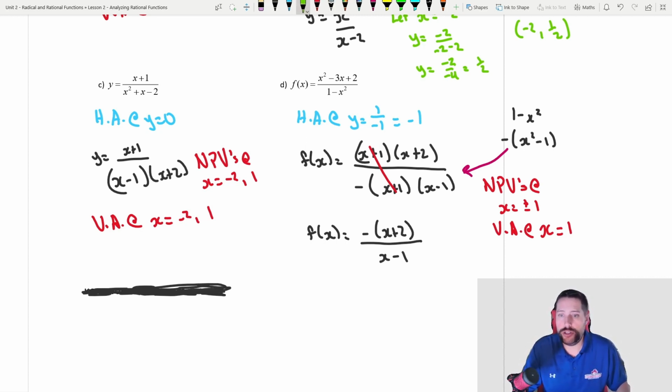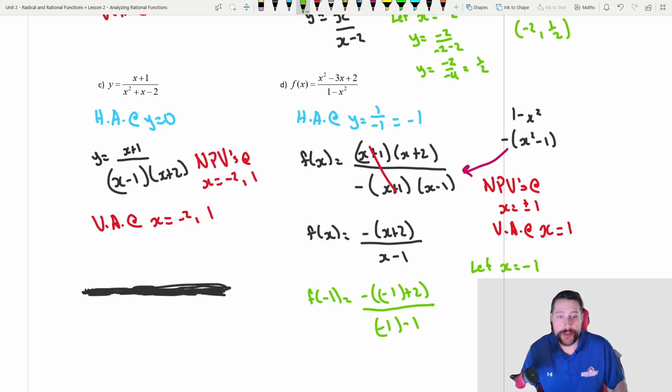So we're going to let x is equal to -1, and now we will determine what it will be. So f of -1 is equal to negative multiplied by -1 plus 2, so just substitute in -1 everywhere you see x, over -1 minus 1. That's -1 plus 2, which is positive 1, multiplied by -1, so that's -1.